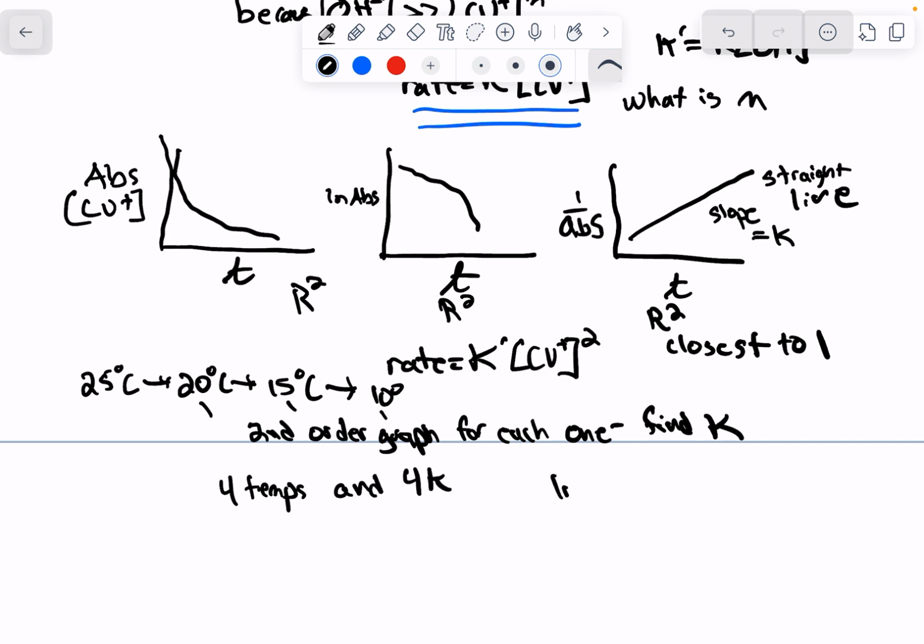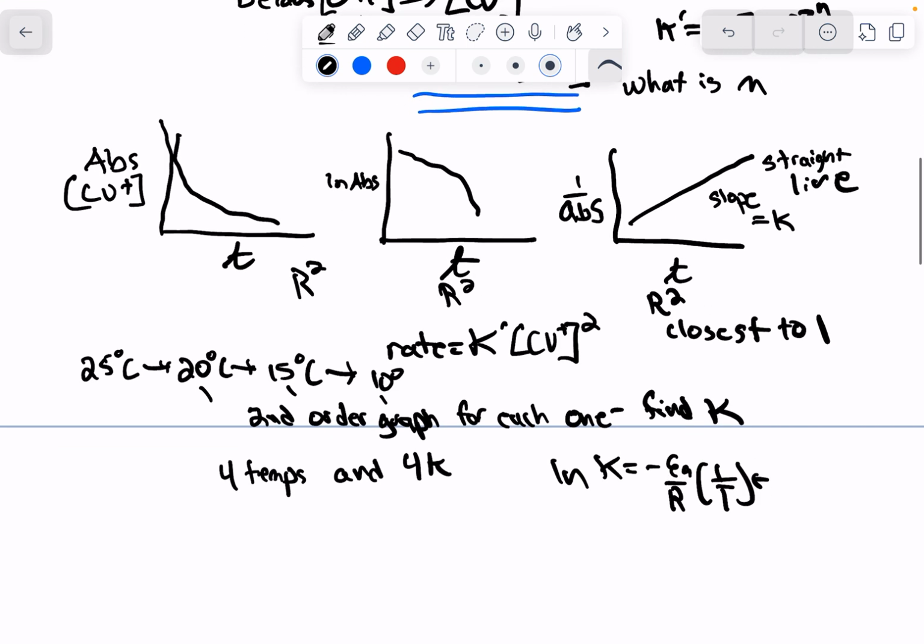Then you use the natural log of k equals minus Ea over R times 1 over T plus the natural log of A. You make the graph I talked about earlier, 1 over T versus natural log of k, and the slope is equal to minus Ea over R.